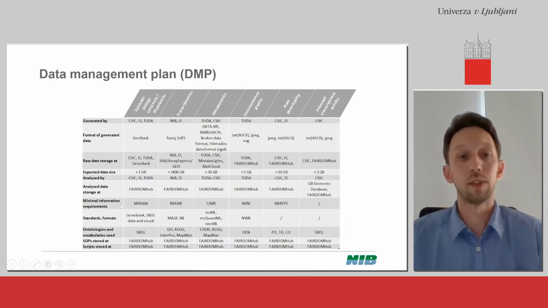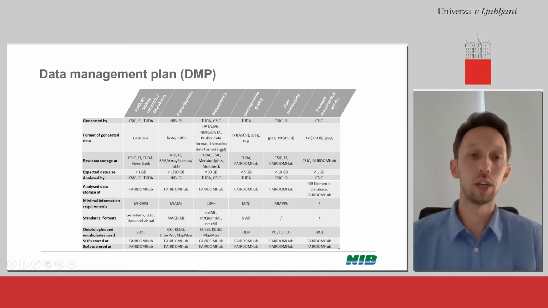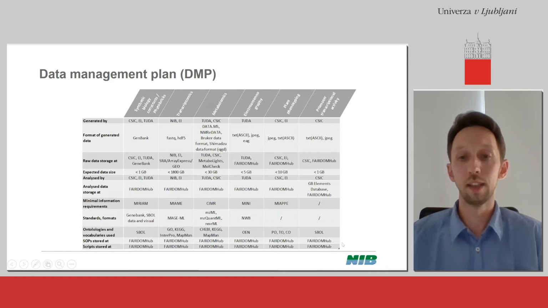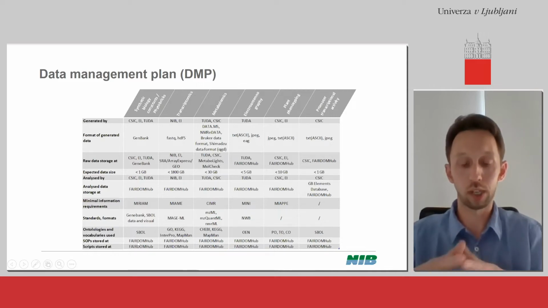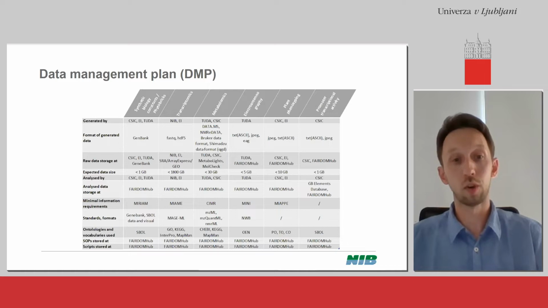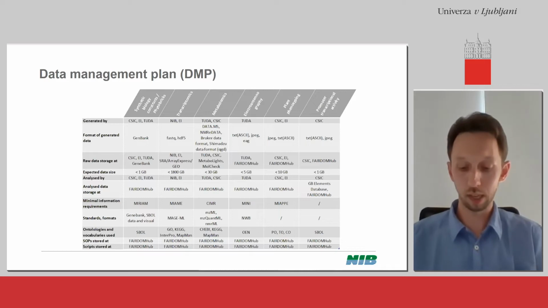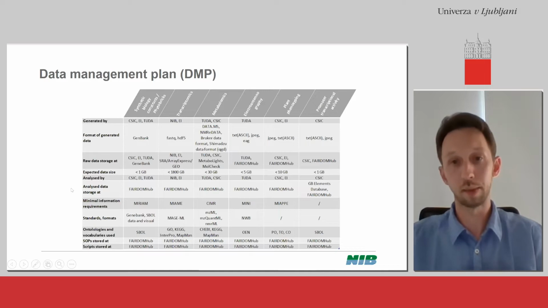So then we have minimal information standards that you can set here already, and also which community standards or data formats you will use, ontologies, and also at the end, where will you store all the data so that it will be transparent and that it will be long lasting. So this is an example from one European project in which we were leading the data management.